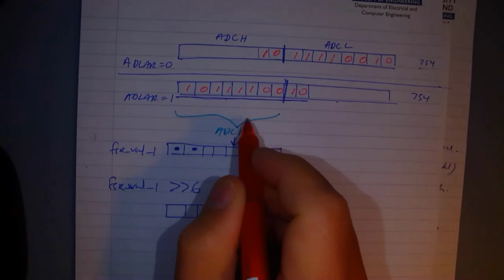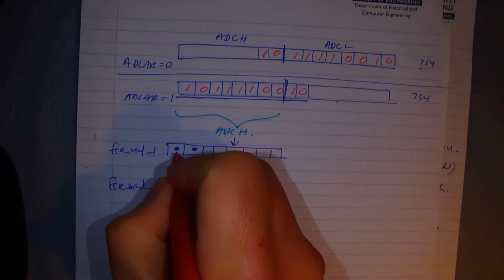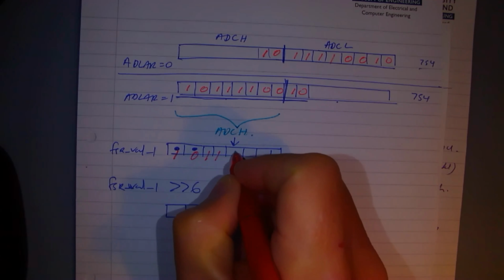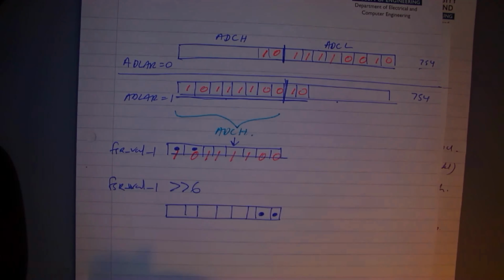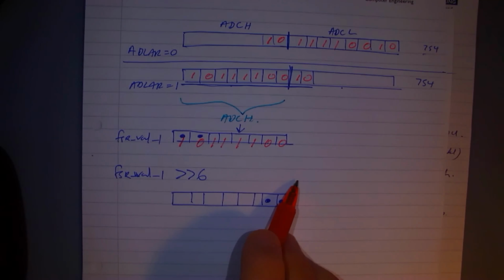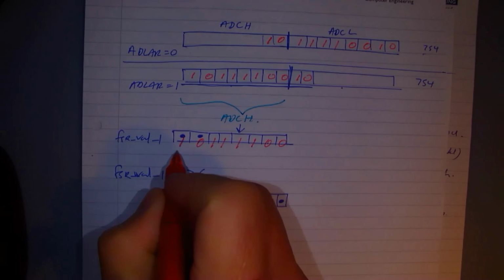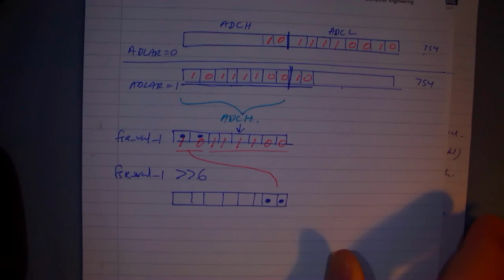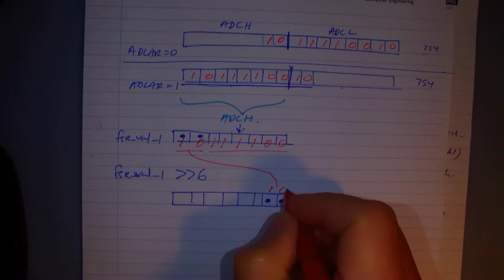And then I'm only returning these values here. So I'm just returning 10111100, right? And then I'm pushing it right 6 times. So these 2 bits here end up here, and these just all disappear. So I end up with that.